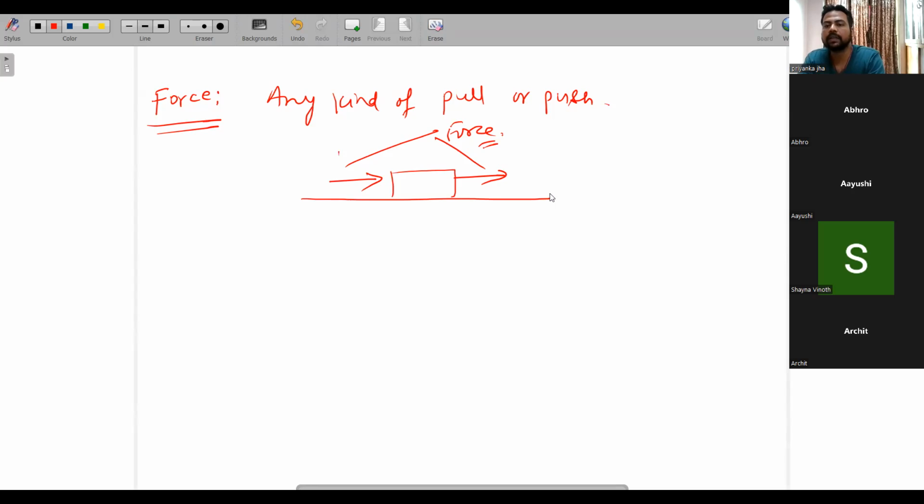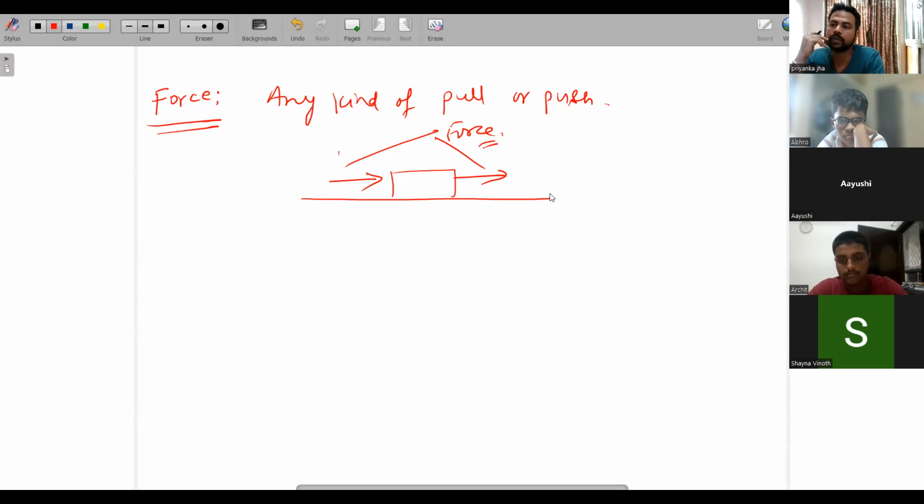Or if any body is in motion, then if you apply force in the opposite direction of the motion, that force will create resistance to the motion and the body will slow down. And depending upon the magnitude of the force, it will come to rest as well. Right?